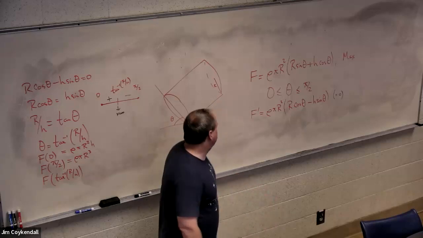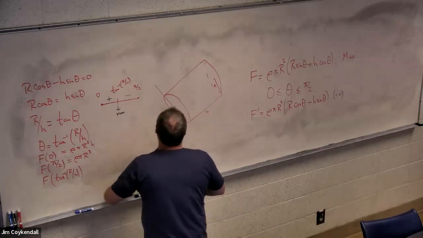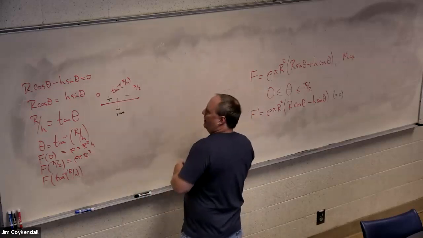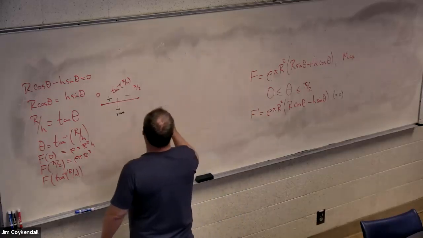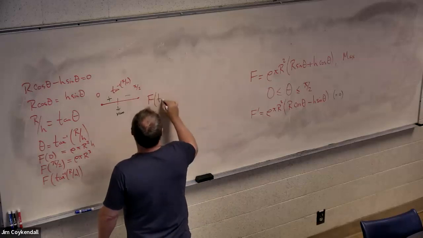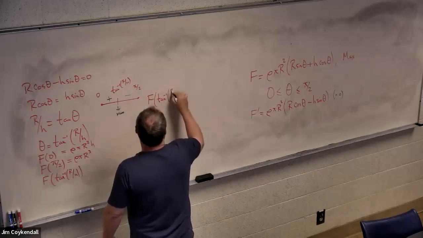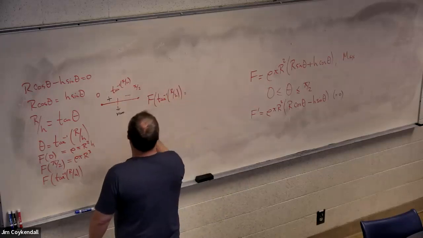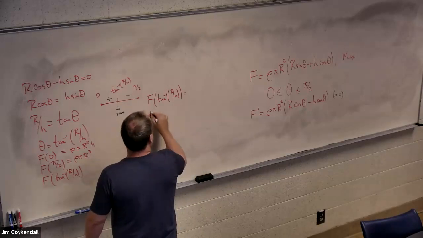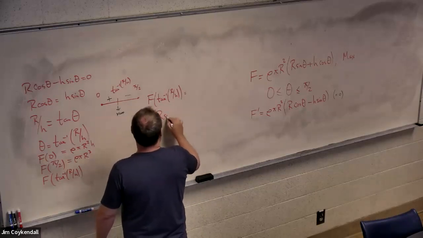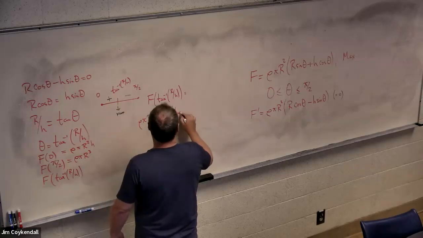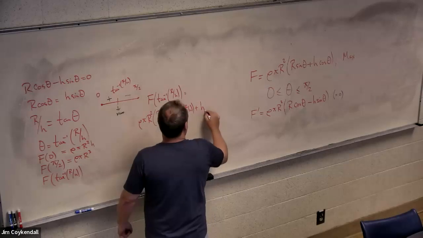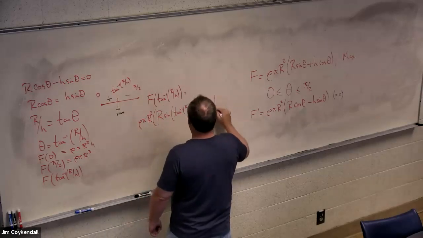But here's the problem. For the last one, we have f of inverse tangent of r over h, which is rho pi times r squared times the sine of the inverse tangent, plus h times the cosine of the inverse tangent.